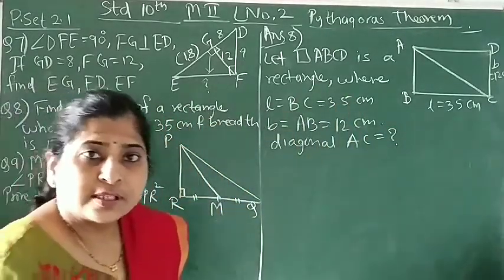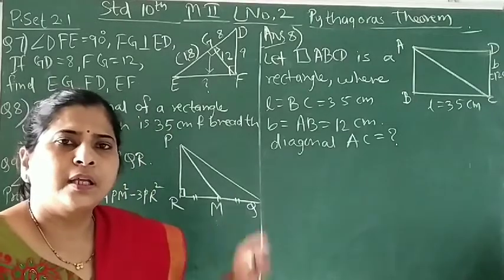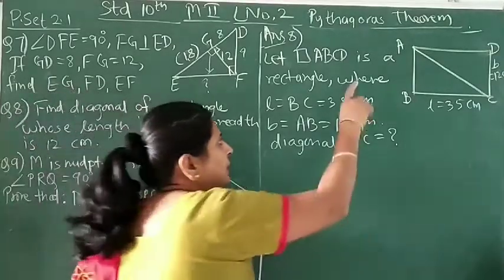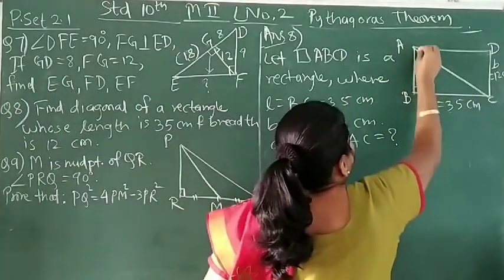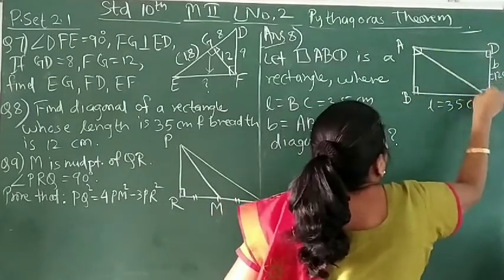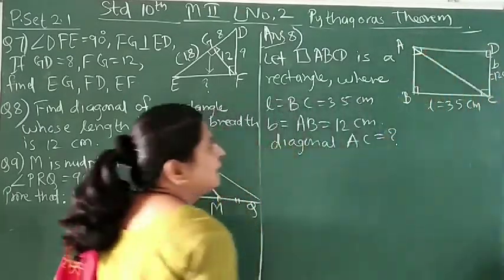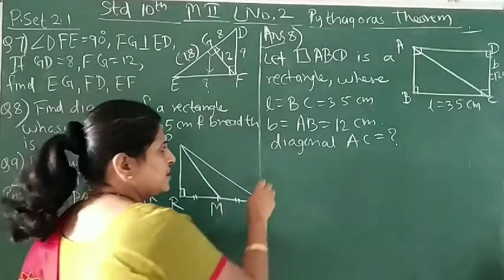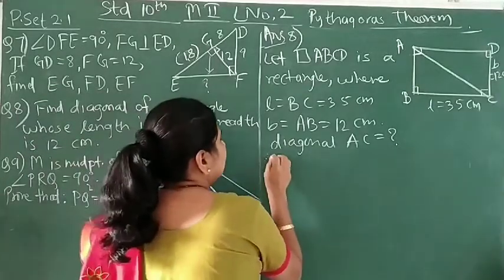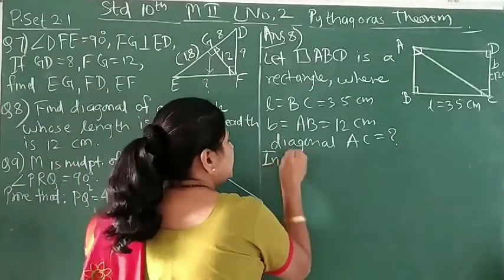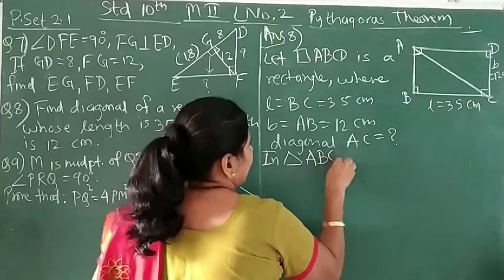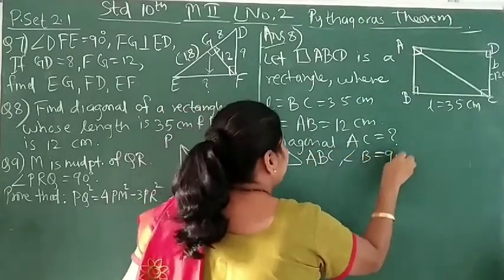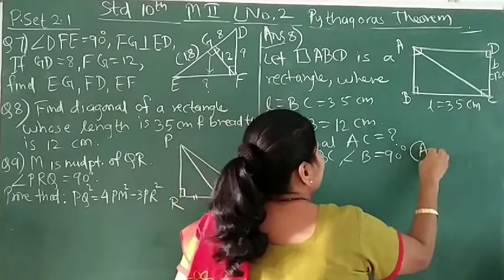Now as with the sum of squares, we have taken the property that all angles are right angles. Even here in the rectangle, each angle is going to be a right angle. Hence this triangle ABC is a right angle triangle. In triangle ABC, angle B is equal to 90 degrees. Why? It's an angle of a rectangle.